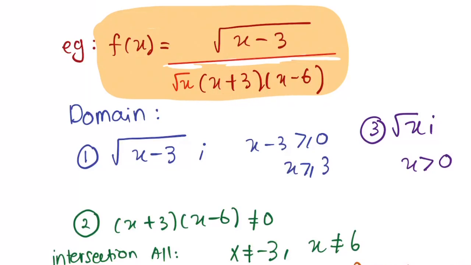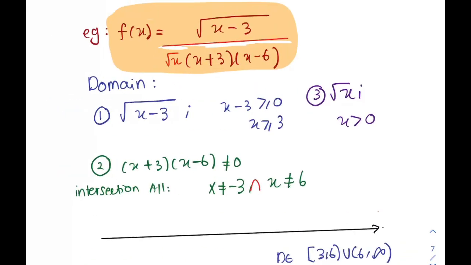Let's focus on this number here. x plus 3 and x minus 6 cannot be equal to 0. Therefore, x cannot be equal to minus 3, and you must intersect it with x cannot be equal to 6. Next, you also have a square root in the denominator. So the term under the square root must be more or equal to 0, but denominator cannot be equal to 0. So you're left with just x more than 0.